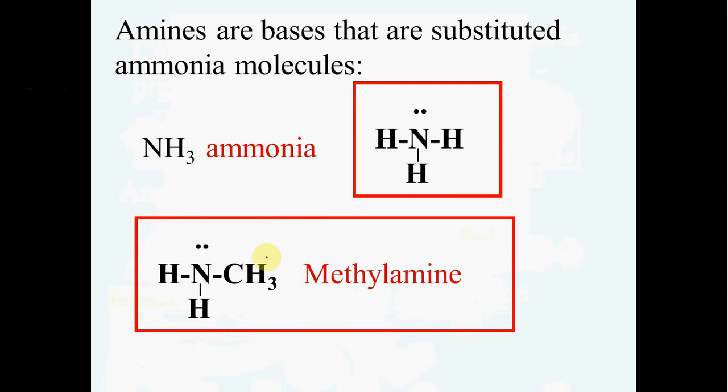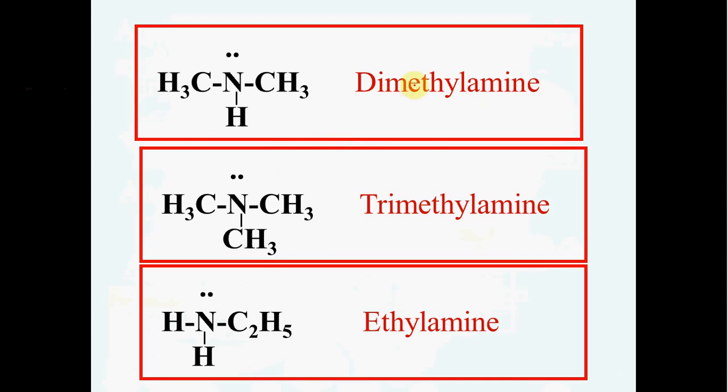So methylamine is ammonia with one of the hydrogens replaced by a methyl group. A methyl group contains 1 carbon and 3 hydrogens. Dimethylamine, notice the amine is a big hint that this is a base and a weak base.